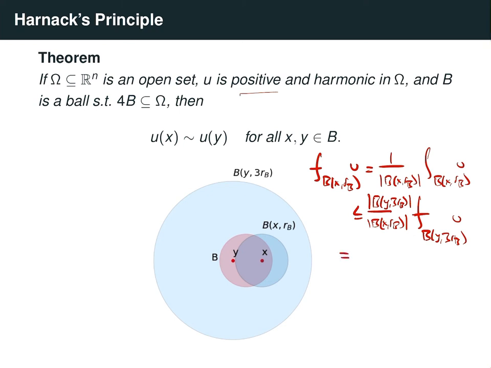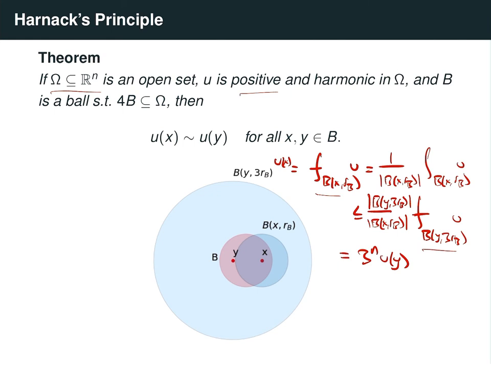In fact, the ratio between the volumes of these two balls is just equal to 3 to the n, since recall we're working in R^n. And then by the mean value property, this first average here is equal to u at x, and this last average here is equal to u at y. So thus, in fact, we have u of x is always at most 3 to the n times u of y. And notice that we could do all this because all these balls are contained inside omega.